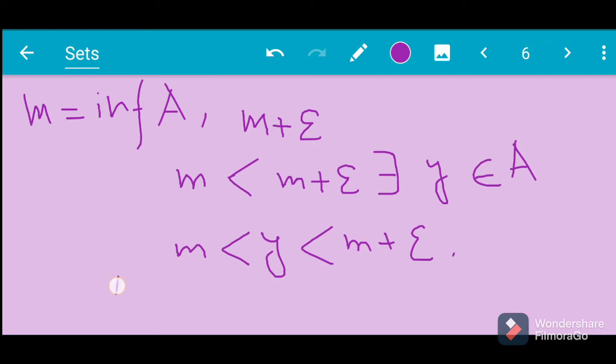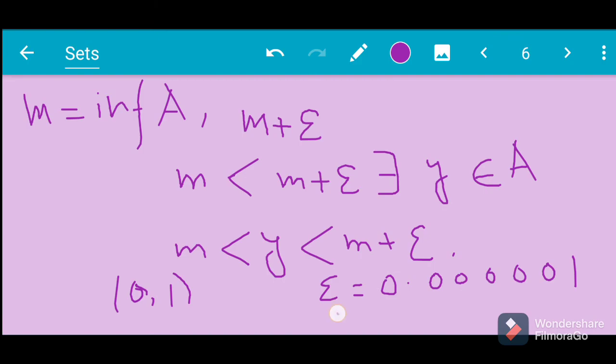So if I consider the open interval 0 comma 1, then 0 is the infimum, because if you add anything to 0, suppose I add 0.000001, this is my epsilon, then 0 plus epsilon is this quantity.